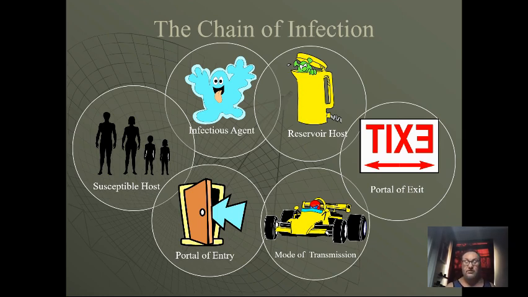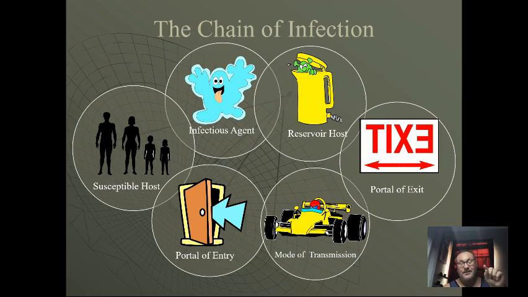Portal of entry. Again, we're all wearing masks, which blocks a lot of the agent from getting into the body. And the last one, what do we do to make the host less susceptible to the virus? They develop a vaccine. So that reduced the susceptible host ability to the COVID virus.